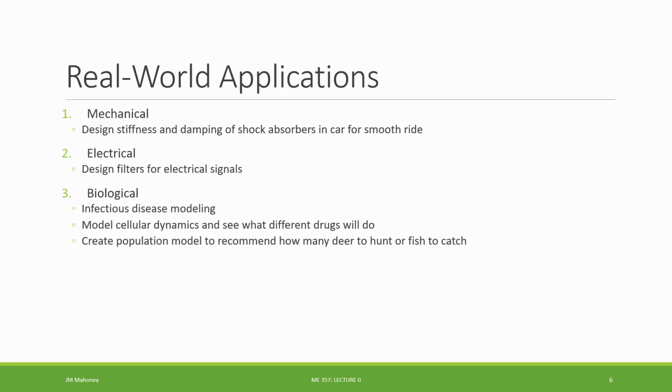And then at another level, a more macro level, we can create population models to recommend how many deer licenses to distribute in an area every year in order to try to control the population so that it doesn't get too large and it also doesn't get too small. Or the same idea with how many fishing licenses to offer so that we can maintain a steady or maybe slightly grow our fish population.